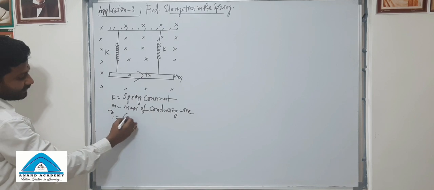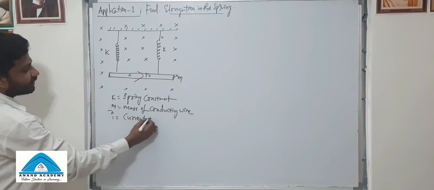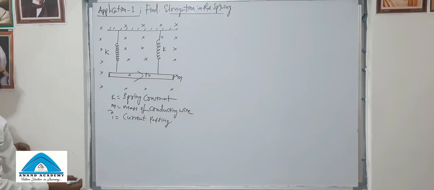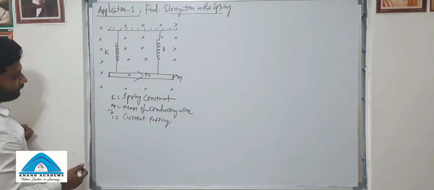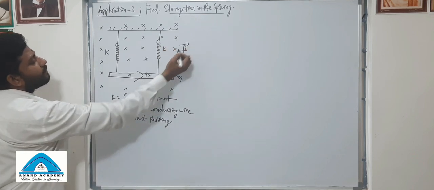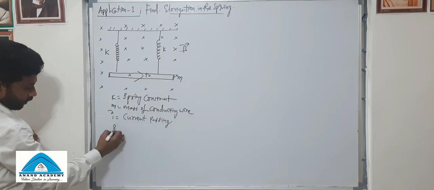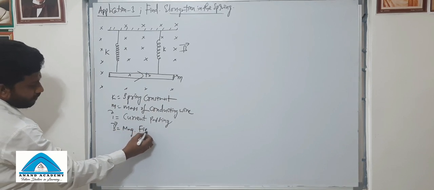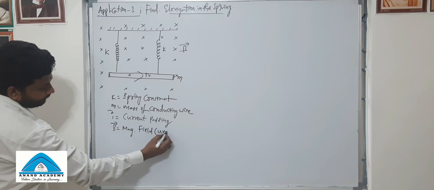I is the amount of current passing through this. And what else remains? The uniform magnetic field, let me say it is B bar, which is into the plane.